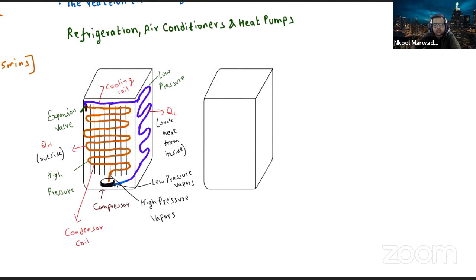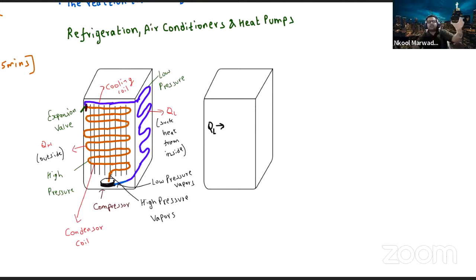QL sucks the heat energy from the interior, and QH radiates that energy to the outside world, to the surrounding.